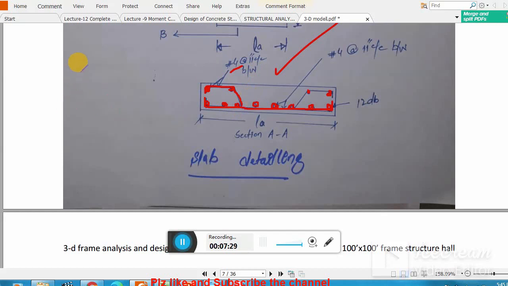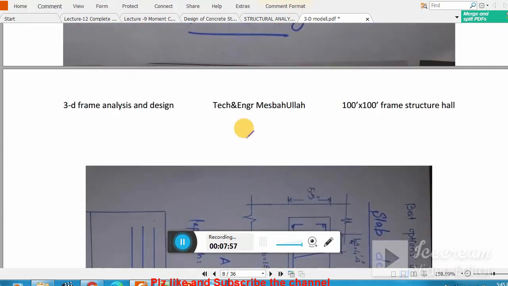For example, if I show you that this is my slab system, one bar should be straight, its end should be bent up. Now the next bar is straight, but they are bent here, and similarly so on. The arrangement should look like this. So this is called alternate bending bars.